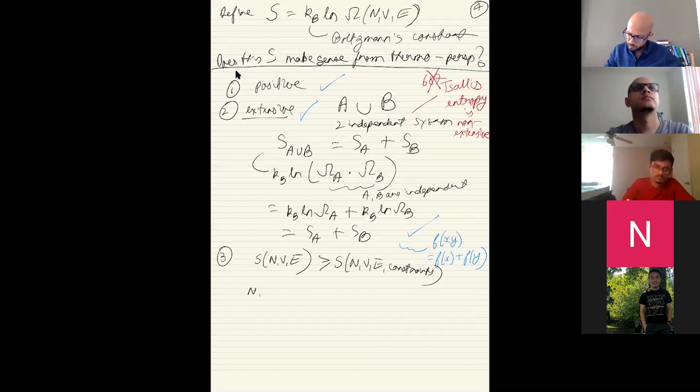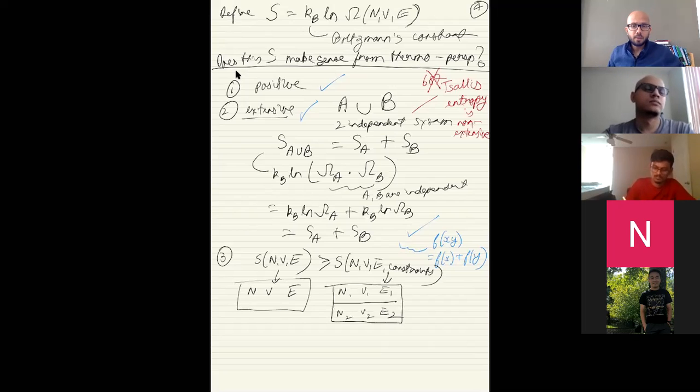If you think of a system of NVE, let's think of a system NVE made up of two parts, N1 V1 E1 and N2 V2 E2. So this was a system together of NVE, and we put a constraint in the middle, and we say that the top part of the system has to have N1 number of particles, V1 volume and E1 energy, and the bottom part has to have N2, V2 and E2.